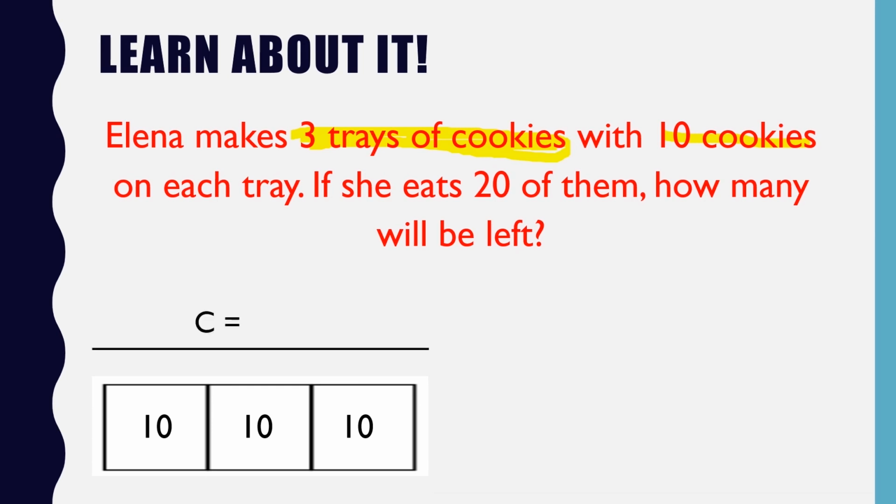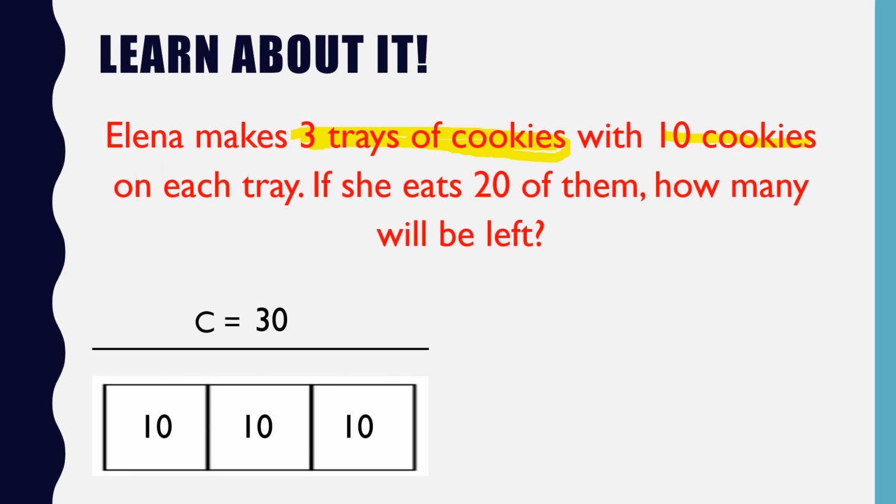So let's use C because, like the video said, it doesn't matter what letter we use. We're just using something to represent our total. So I'm using C for cookies. Who doesn't like cookies? And how many do we have? We can use addition to figure it out, right? 10 plus 10 plus 10. So we know we have a total of 30 cookies. Now that we know we have 30 cookies, that was a hidden question.